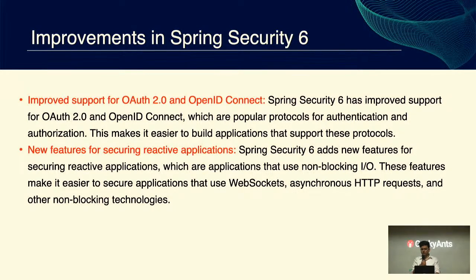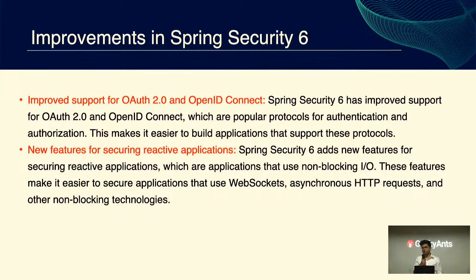The next feature is securing reactive applications. Reactive applications are where the application makes use of web sockets and asynchronous HTTP requests, where we don't have to block the currently executing thread. At a very basic level, a reactive application supports non-blocking IO.